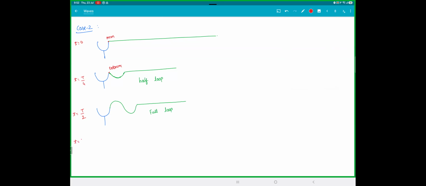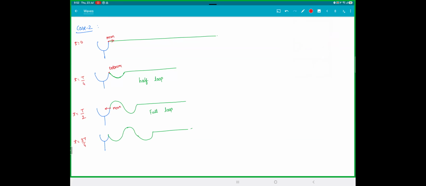Then when you do 3T by 4, now you go inside. So you get something like, so again, you're going to the mean, but you're going backward.